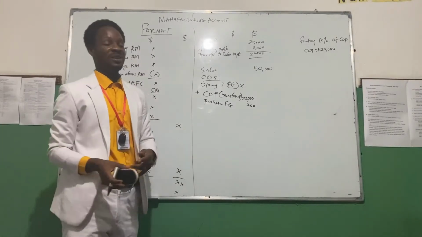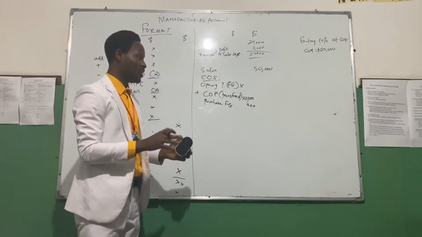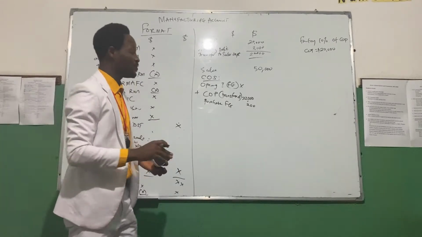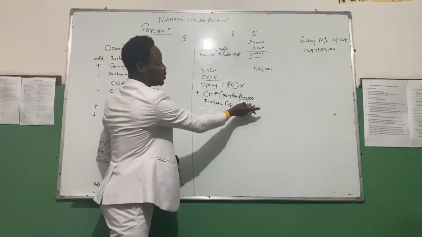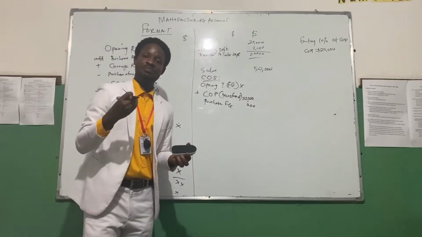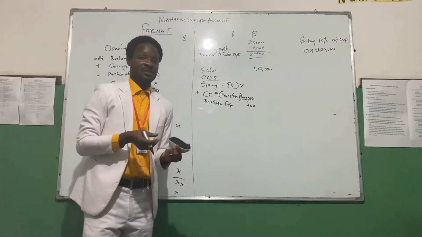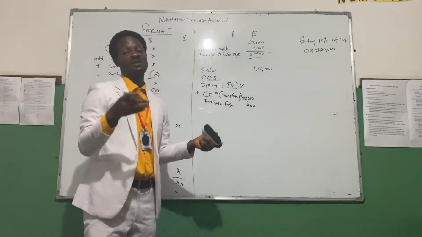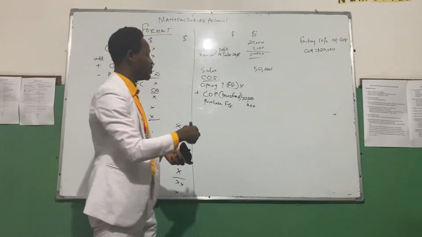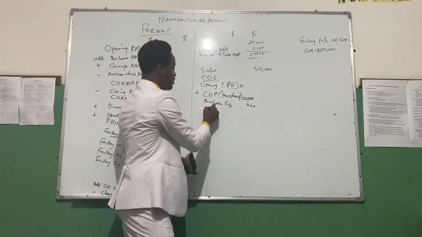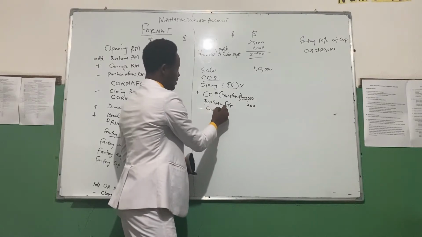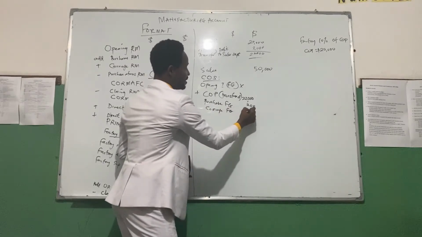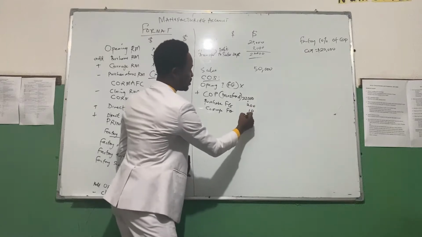Later we are going to talk about that. Thank you for that question. We're not yet using carriage outward. But in case you bought this 200 and you paid to transport it inside, that's carriage inward of finished goods. It's not common, but if the examiner gives it to you, add carriage inward of finished goods. Let's say this 10, it's not usually so much.